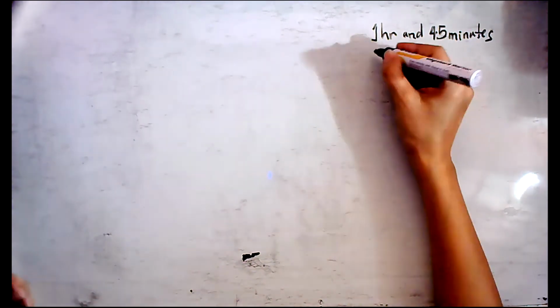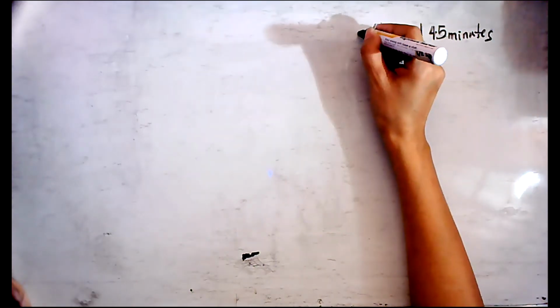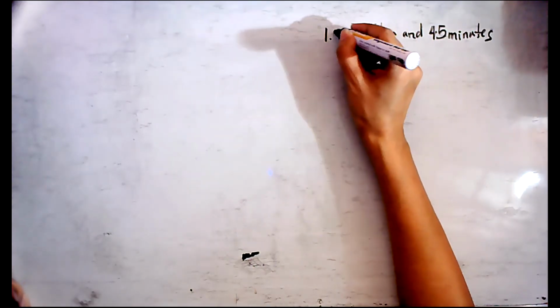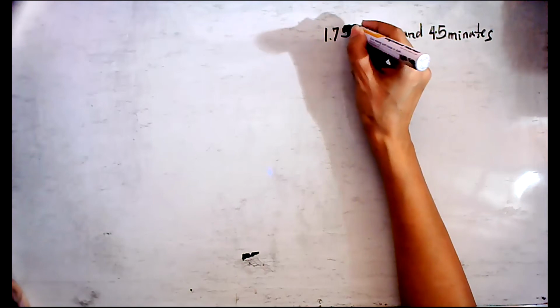Okay, so that's 1 hour and 45 minutes is equivalent to 1.75 hours. And that is if the airplane will be traveling against the wind.